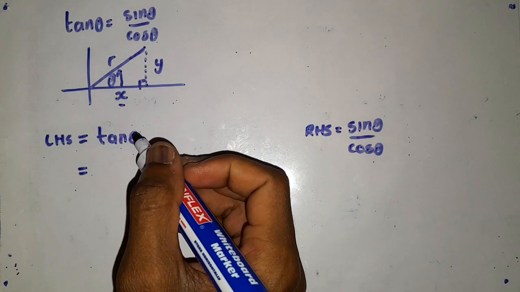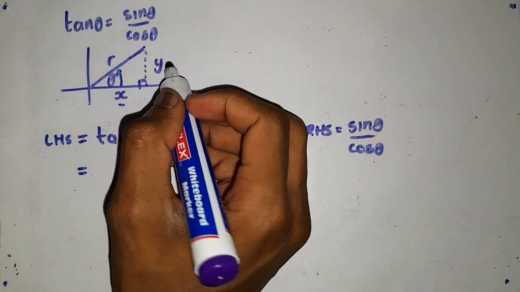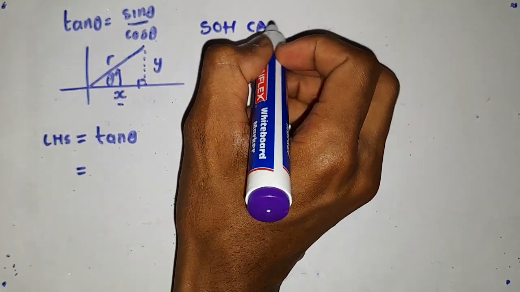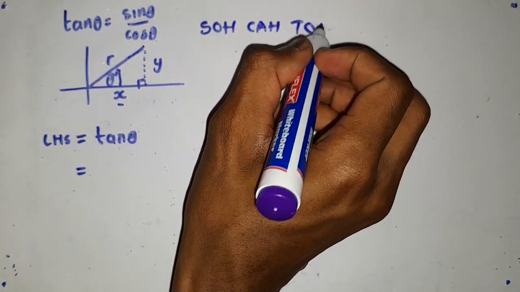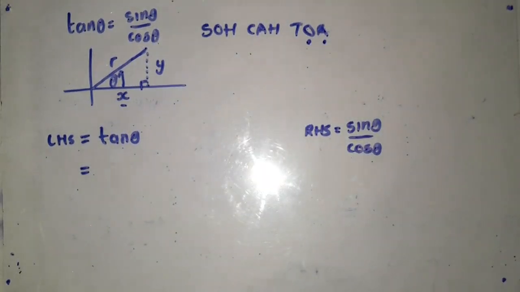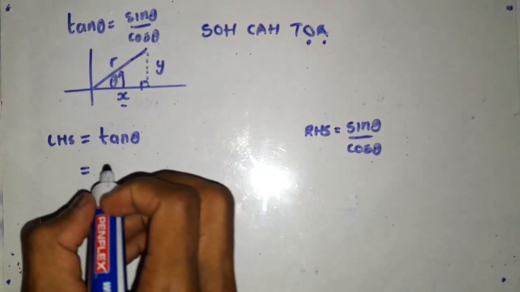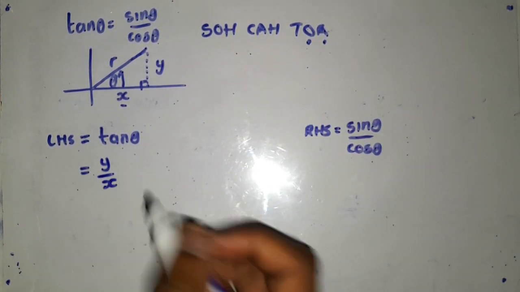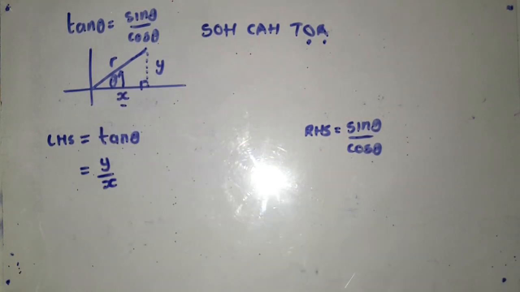For this one, we know again from SOHCAHTOA that tan is opposite over adjacent. Opposite is y, our adjacent is x. We're done with this one.